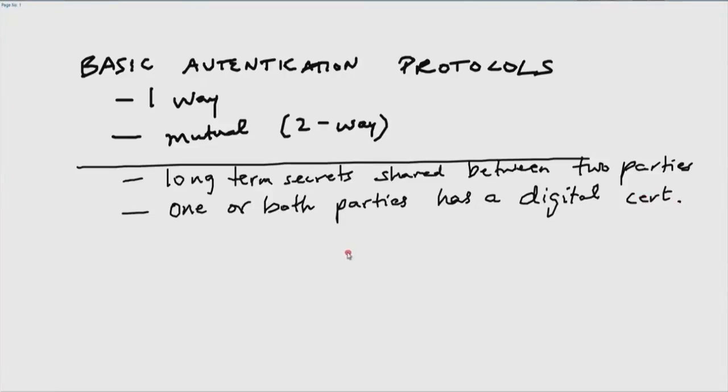So we took various combinations: one way with a long-term secret, one way with a certificate, mutual authentication with long-term secrets, and then mutual authentication assuming a digital certificate, or both sides perhaps having digital certificates.